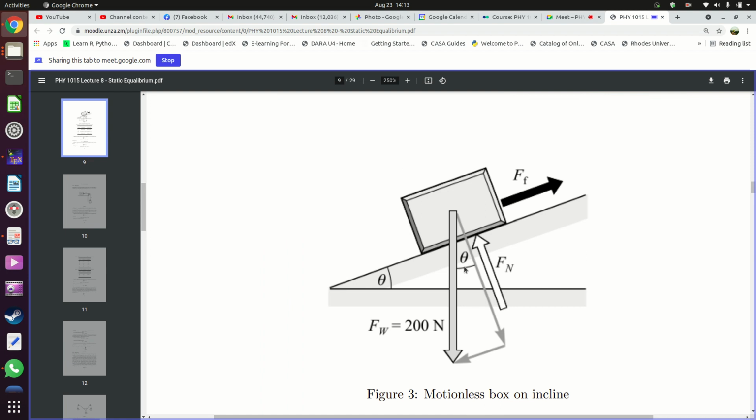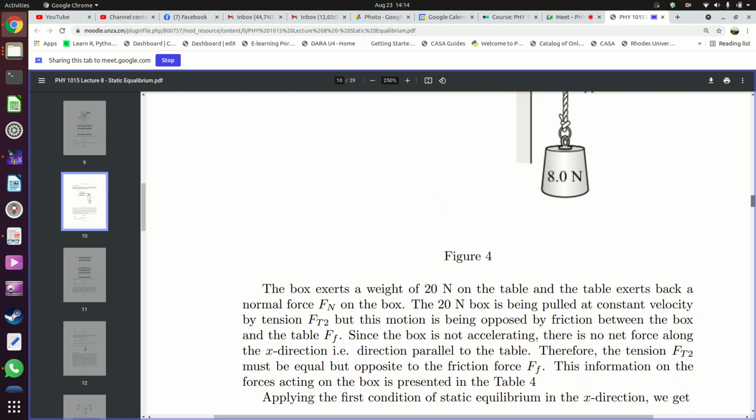This bit here is part of your negative y-axis, above that side is the positive y-axis, and along like this is your x-axis. The angle between the weight and your y-axis is going to be theta, and in our case this theta is the same as the angle which you have here. From our diagram, you can see that that angle is going to be 35 degrees.